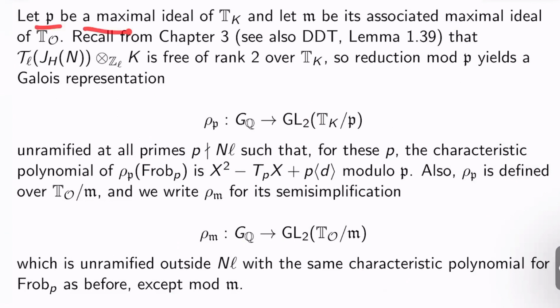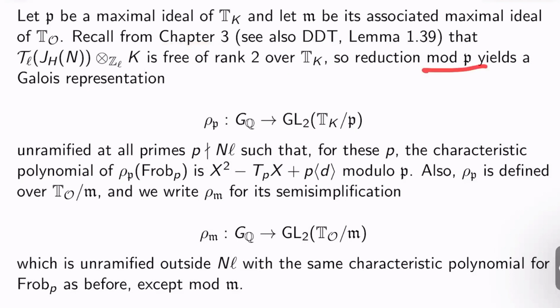Let P be a maximal ideal of T_K, and let M be its associated maximal ideal of T_O as per the above. Recall from chapter 3 of this playlist, or also see DDT lemma 139, that T_L of J_1(N), the Tate module of the Jacobian that we're working with, tensored up to K over Z_L is free of rank 2 over T_K.